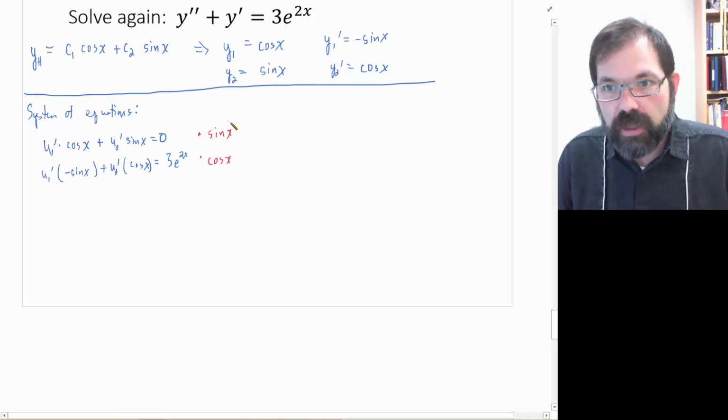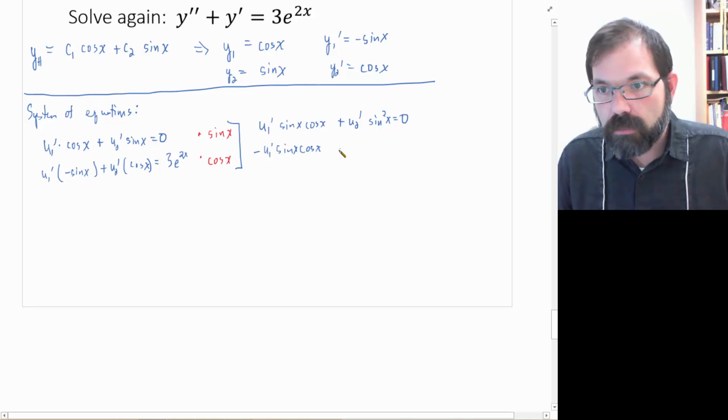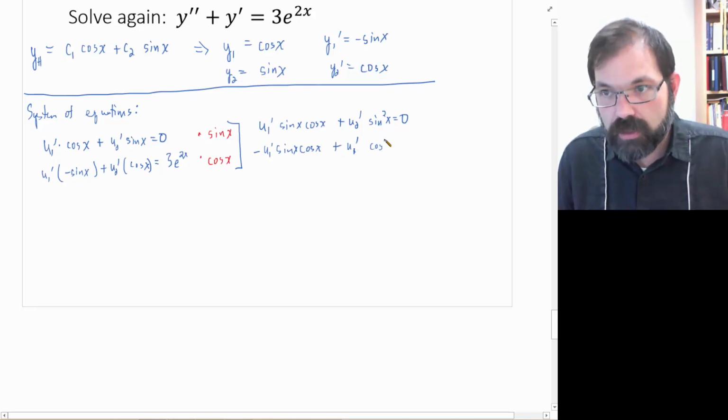And so what that gives me then is a u1 prime sine x cosine x plus a u2 prime sine squared x is 0. And then I've got a negative u1 prime sine x cosine x plus a u2 prime cosine squared x is equal to 3e to the 2x cosine x.